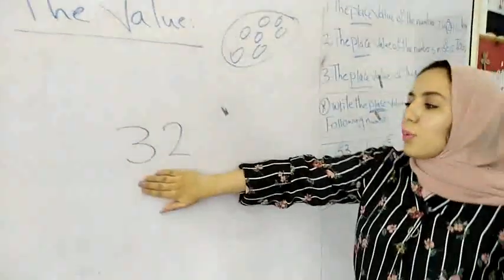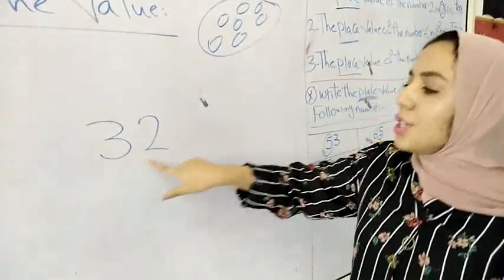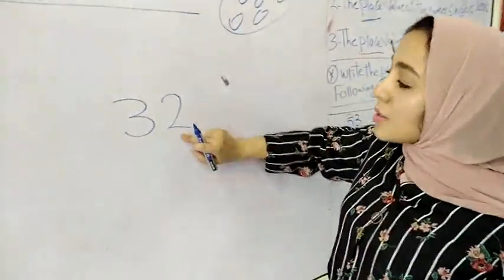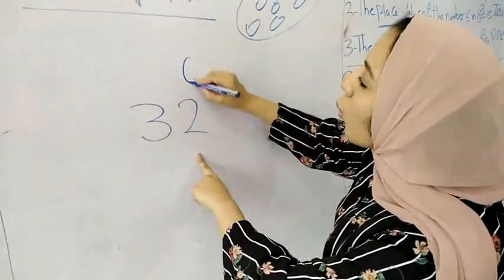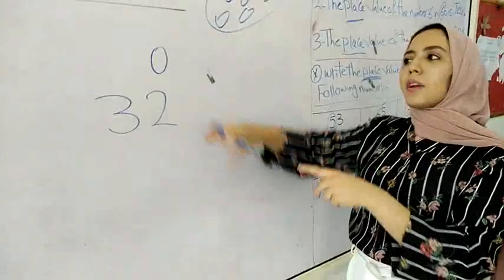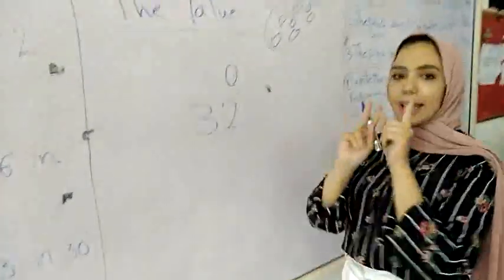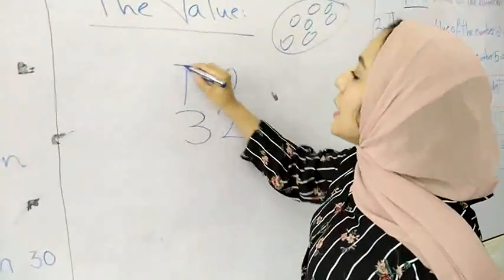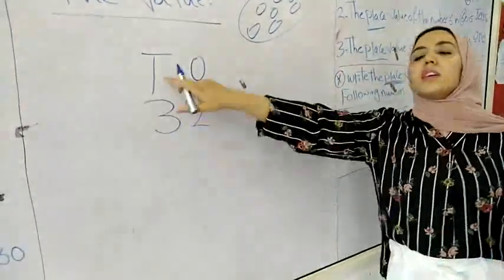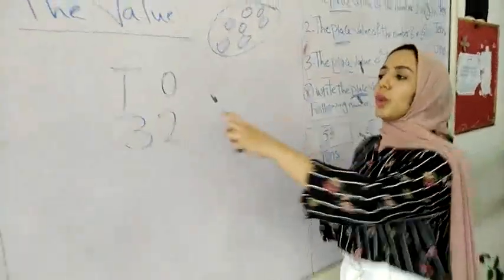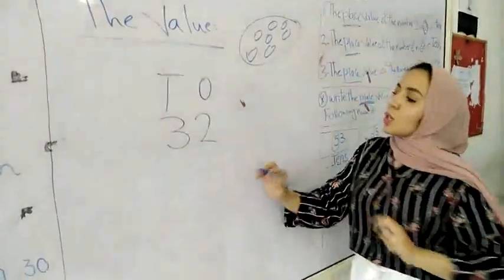Why? Because if we have this number 32, 2 is in the first place, ones place, and the abbreviation of ones is O, and 3 is in the second place, tens place, and the abbreviation of it is T. We will write T. So here ones and tens.